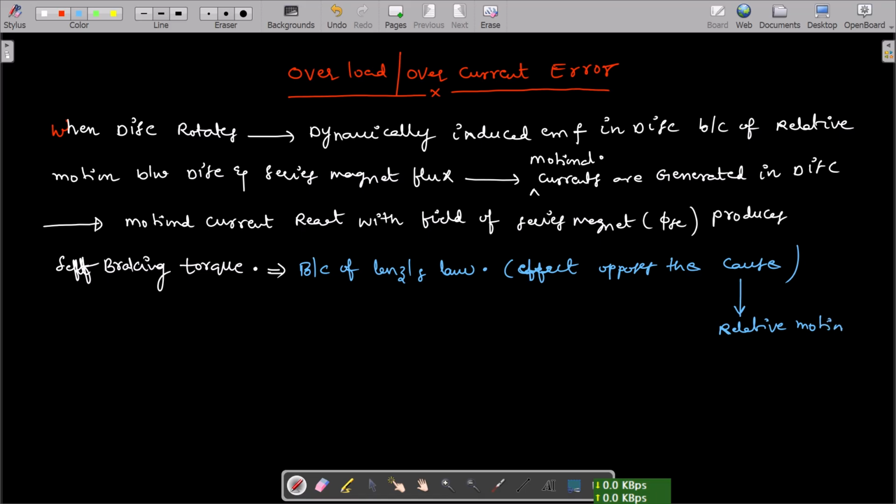Relative motion between the disk and phi SC, and the effect is the motional currents.